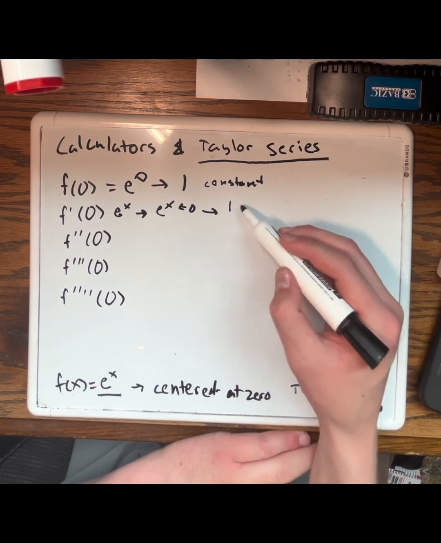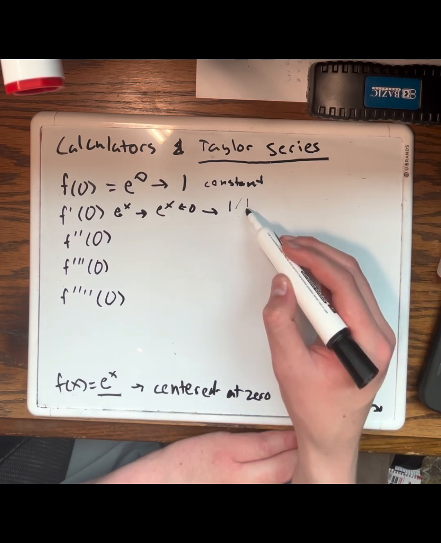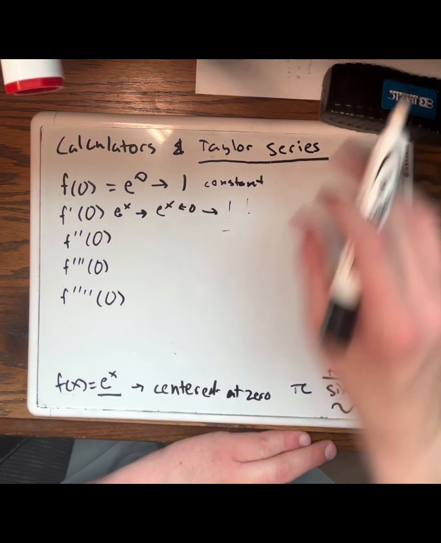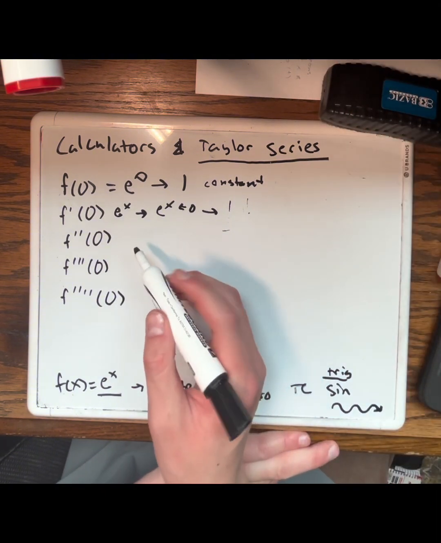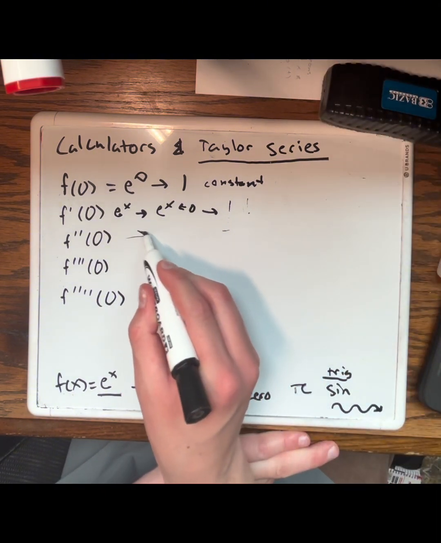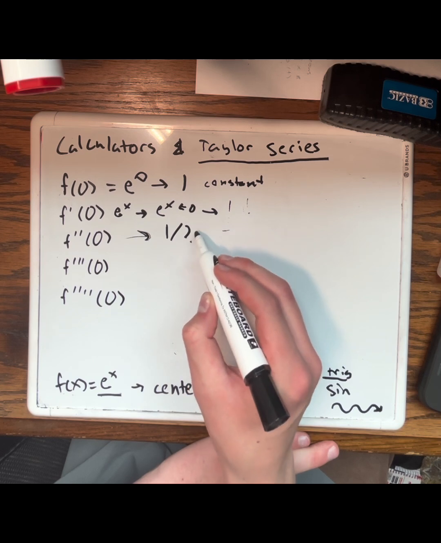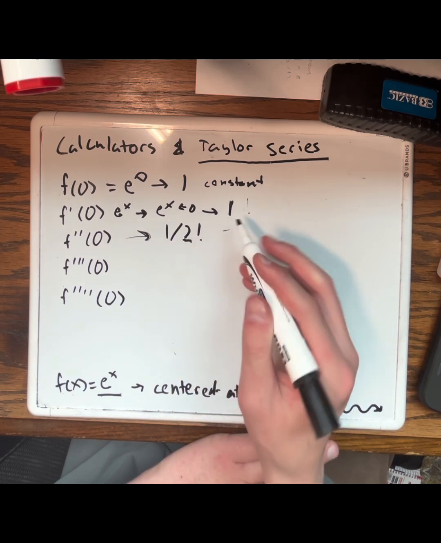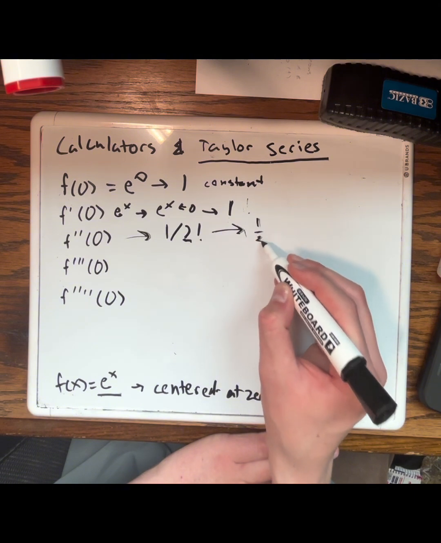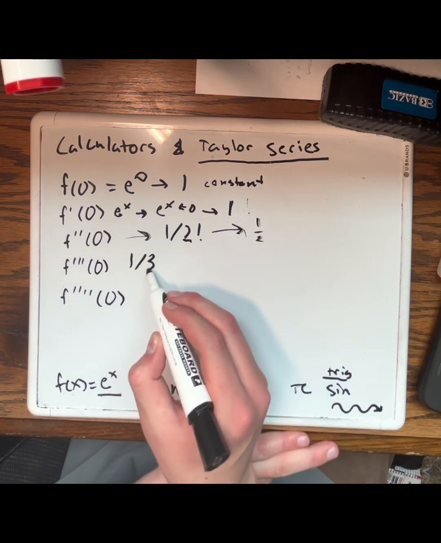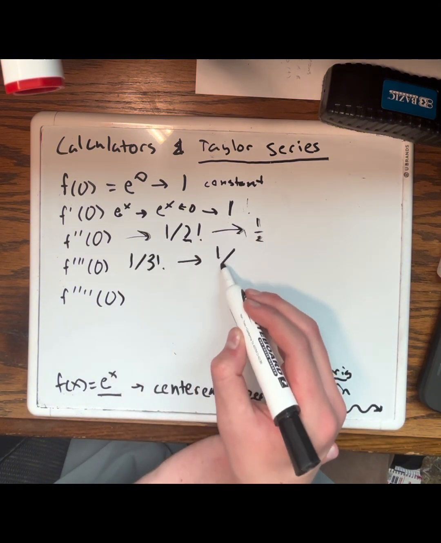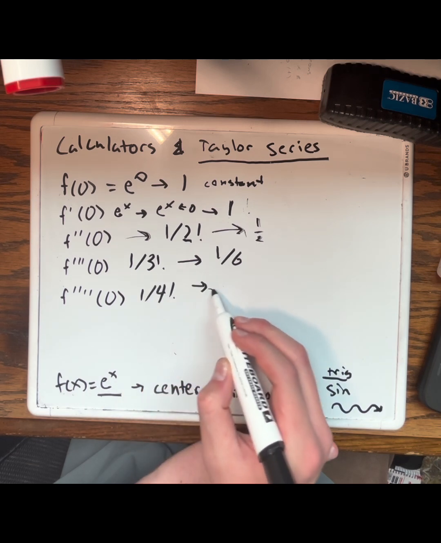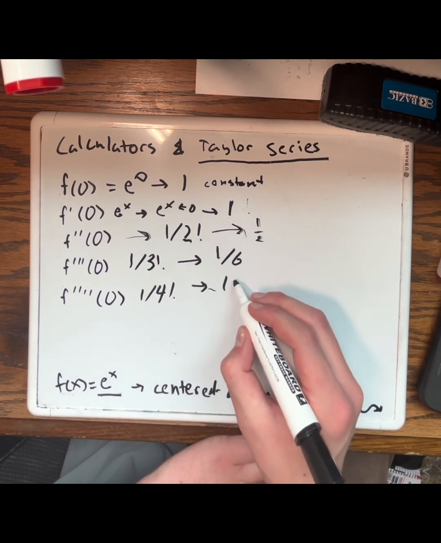Remember, the first time you do this, you have to divide by the factorial of 1, which no one really does because that's just 1. I'm not going to do the derivative again because it's the same thing. This time divided by 2 factorial, we get 1/2. This time divided by 3 factorial, so we get 1/6. This time divided by 4 factorial, so we get 1/24.